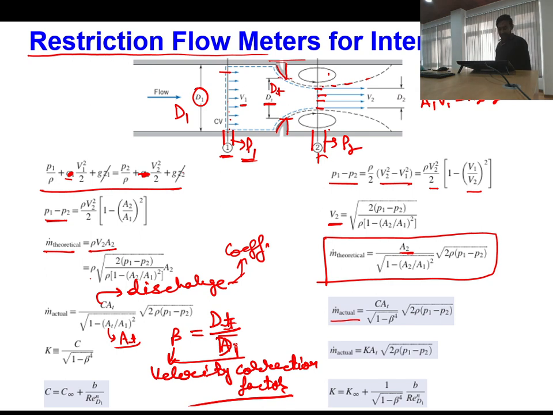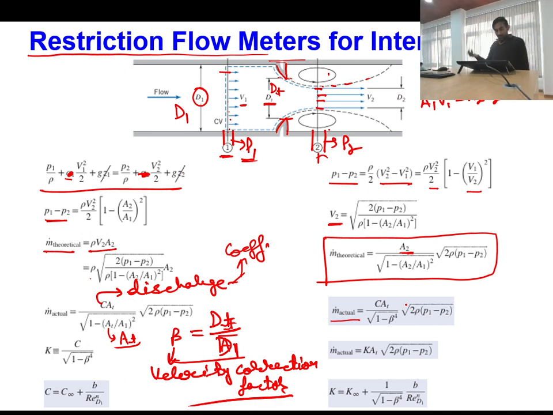If I define beta as DT by D1, then my actual mass flow rate will become C times AT by square root of 1 minus beta to the power 4. Is this point clear?